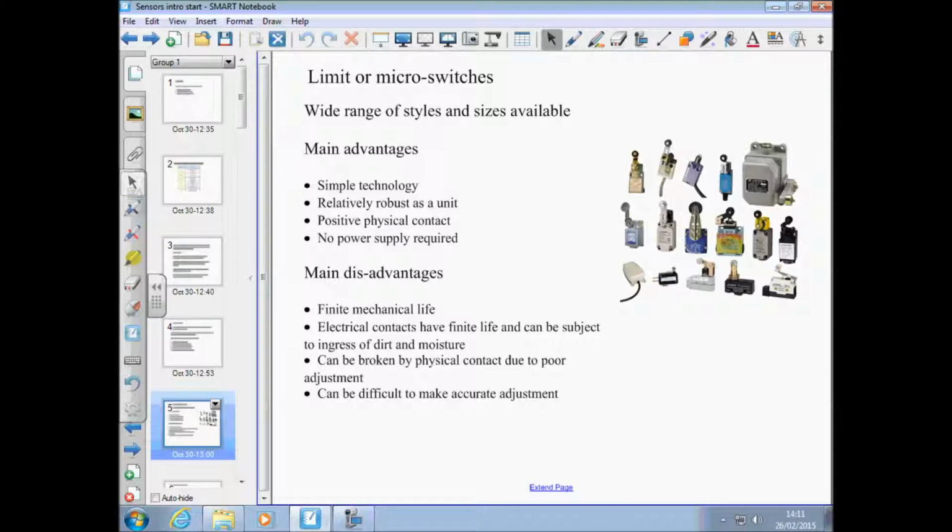So if you don't line the switches up right and you've got a piece of heavy moving machinery, you can quite easily damage the mechanism, and it can be difficult to make them accurately adjustable. So you aren't going to be stopping a hydraulically moved system accurately by setting a limit switch very easily, because there's a tolerance in the switching.